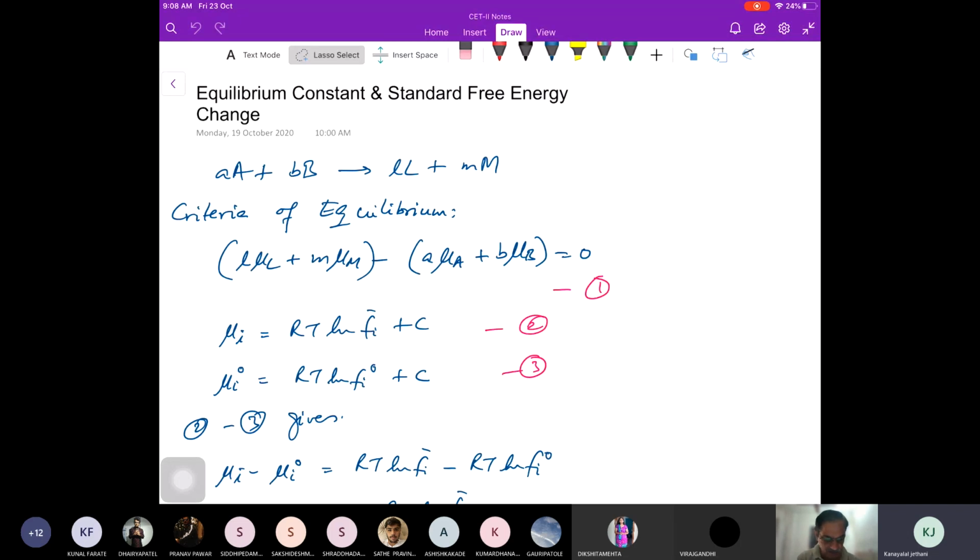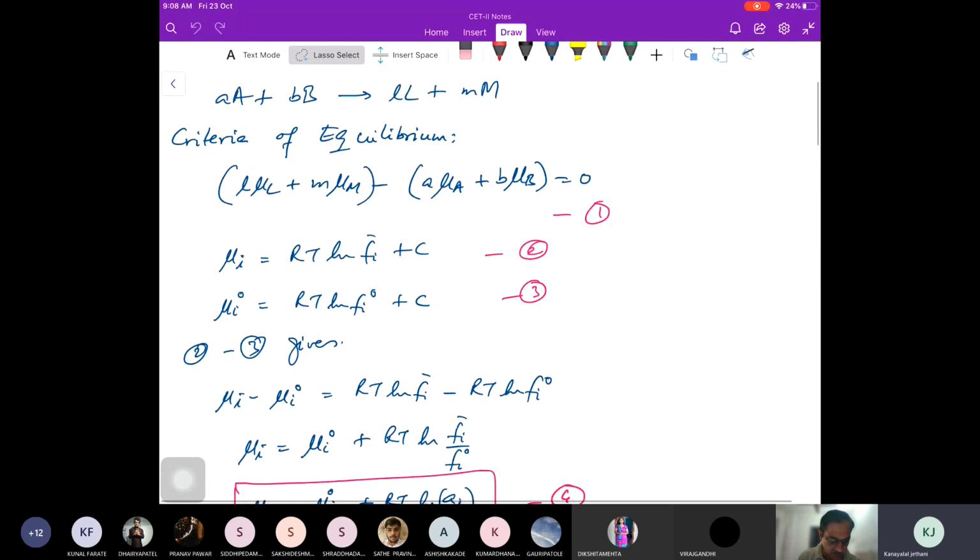l into mu of L plus m into mu of M minus a into mu of A minus b into mu of B is equal to 0.